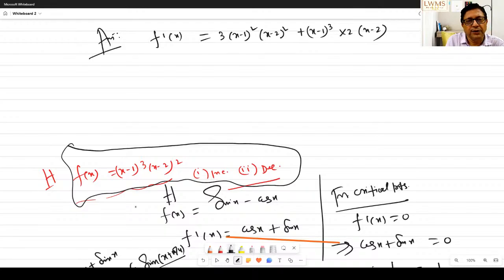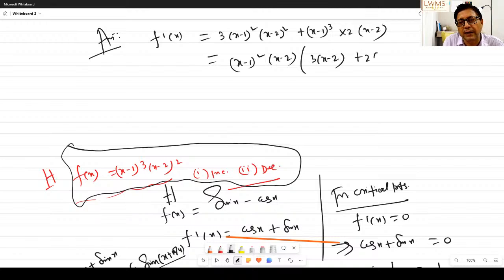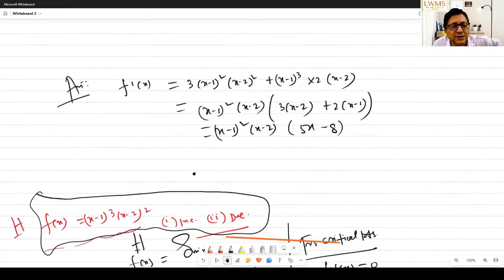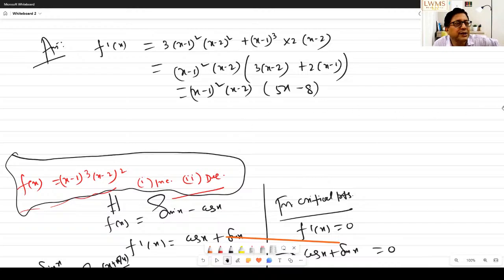We have to factorize it. For that, I am going to take x minus 1 whole square, x minus 2 as factor. So there will be x minus 1 whole square, and this is 5x minus 8. Okay. So how many critical points are there that you can observe? 3 critical points are there, where the derivative vanishes.